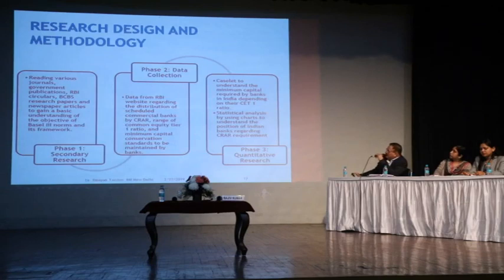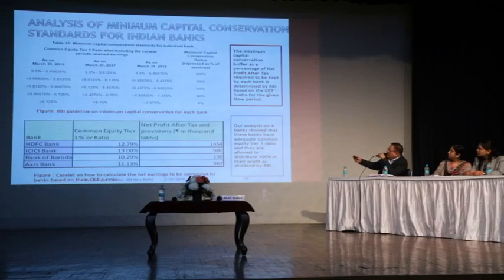Now, I collected the data from the various balance sheets, but it's a lengthy working paper still going on. Only the public sector banks and the private sector banks have been taken. I have not taken the foreign banks purposefully because the foreign banks are already meeting their disclosure 1, disclosure 2 and disclosure 3 norms. They are already there on the balance sheets, and on the sites also it is available.